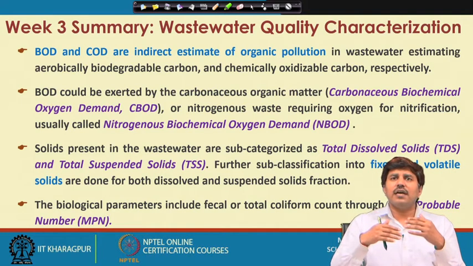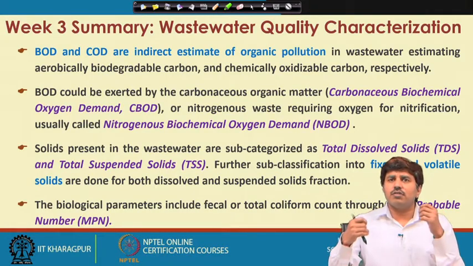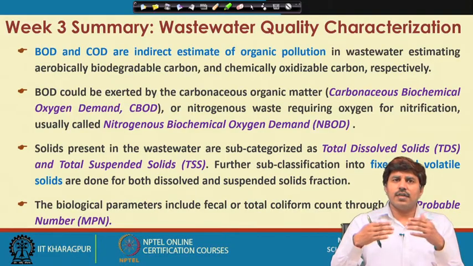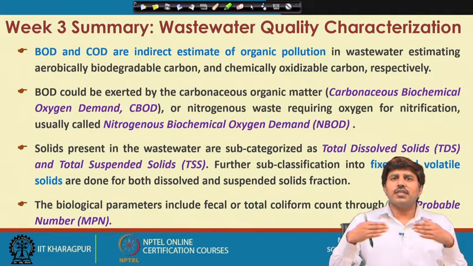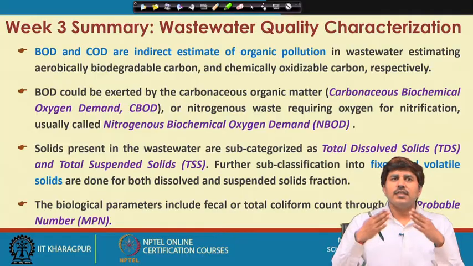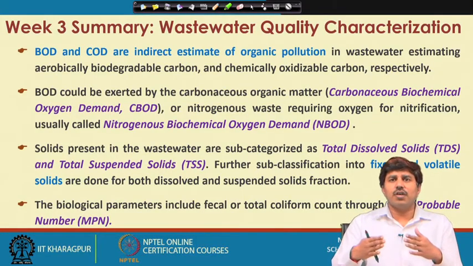So, that way we have total volatile solids, fixed solids, total dissolved solids, total suspended solids, and the dissolved solids can also be further subclassified into the fixed and volatile part. Similarly, the suspended solids can be classified again into the fixed and volatile part.